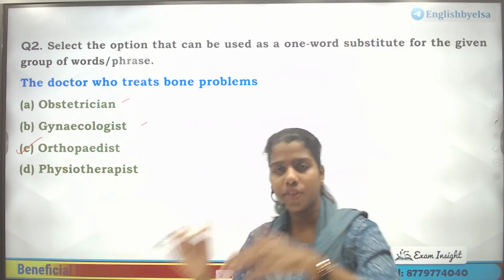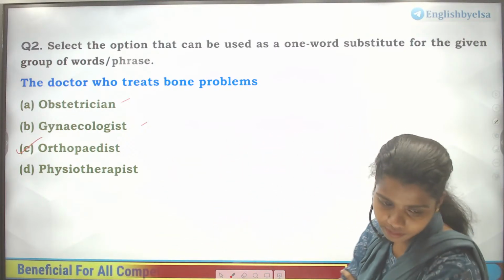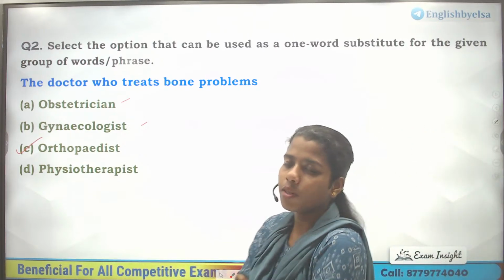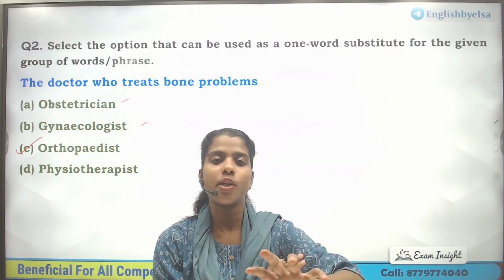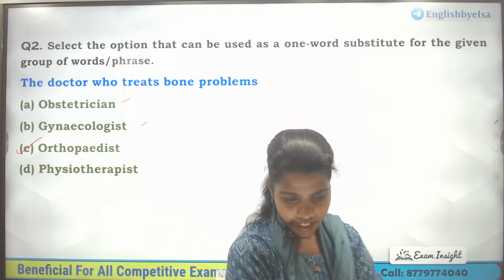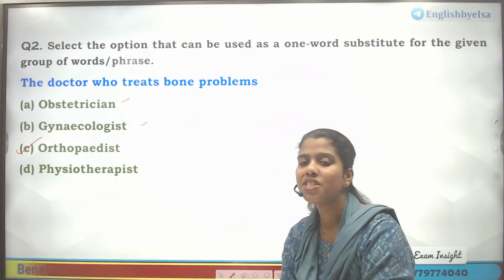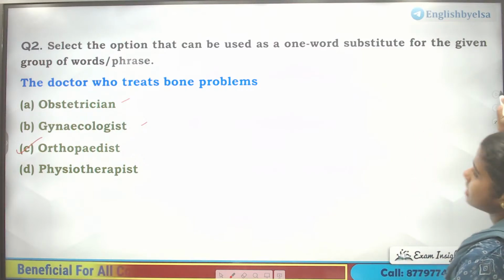Pregnancy, postpartum, these are all related to obstetrician. Physiotherapist, you may have heard of this term. This is related to impairment related to bodily movement. That is what physiotherapists do. 2C is the correct answer.